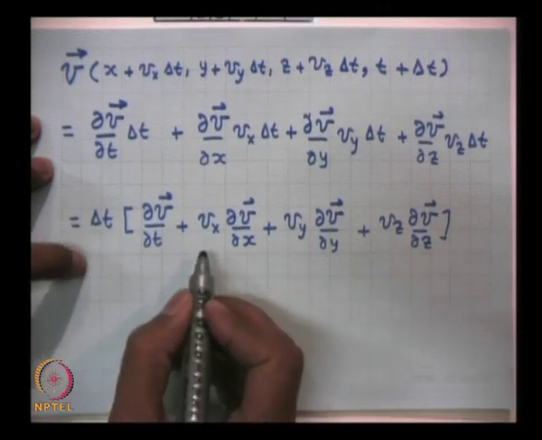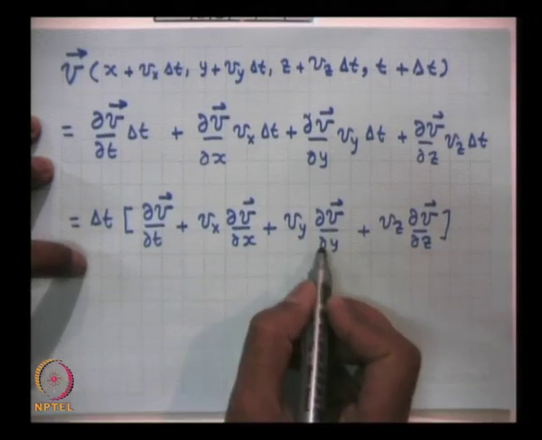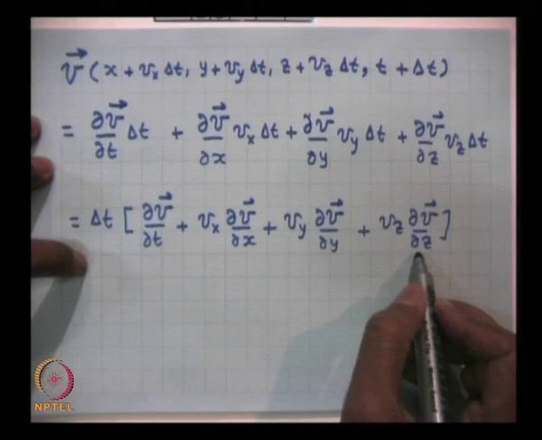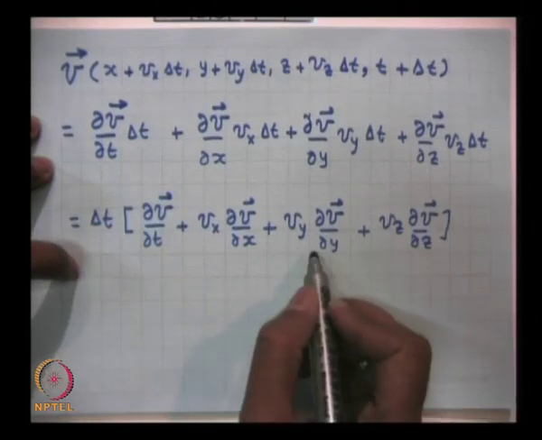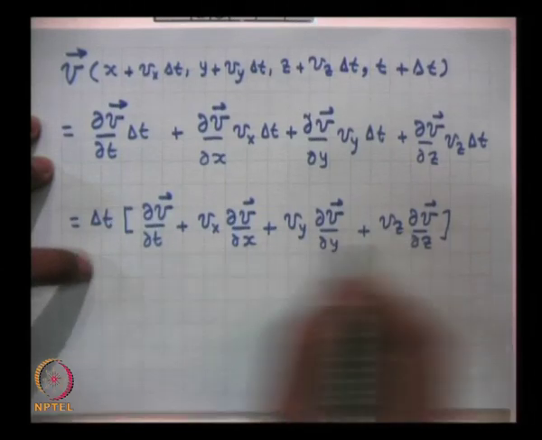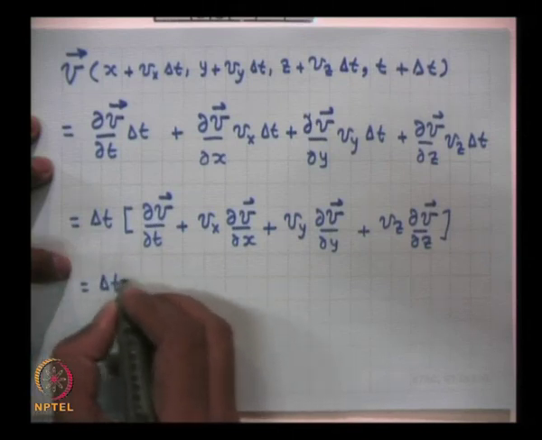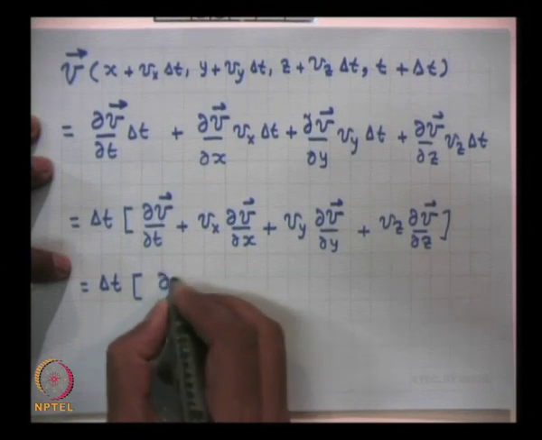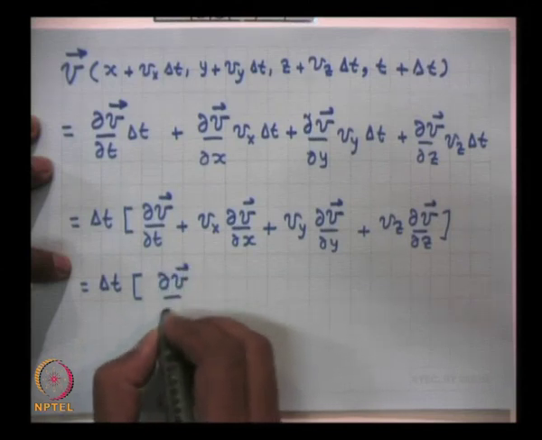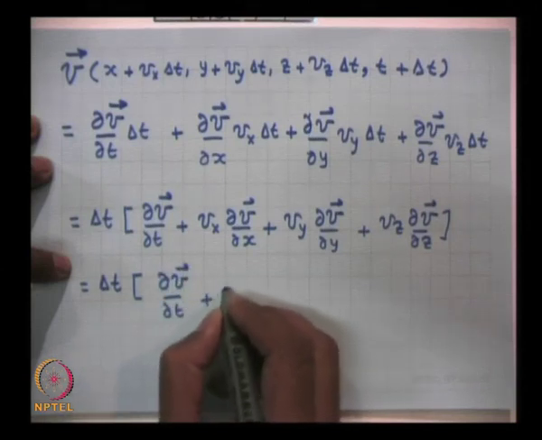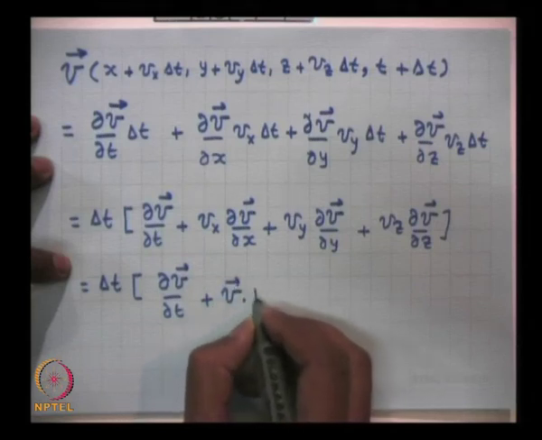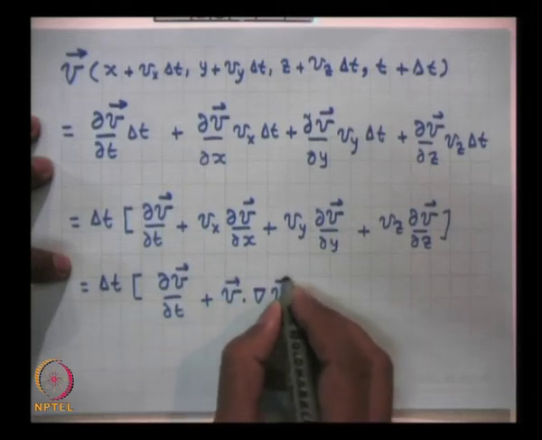Now delta by delta x, delta by delta y and delta by delta z are the 3 components of the del operator. So I can write this in a simpler way as delta t multiplied by delta V by delta t plus V dot del V.